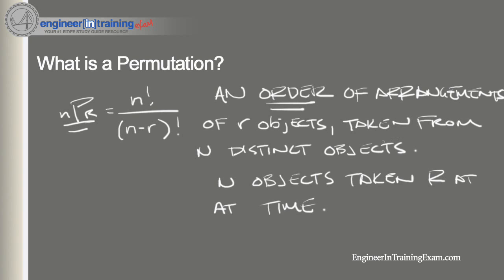So to simplify my complicated definition here that might have confused you, sorry about that: when you need to count the number of ways you can arrange items where order is important, then you can use permutations to count.